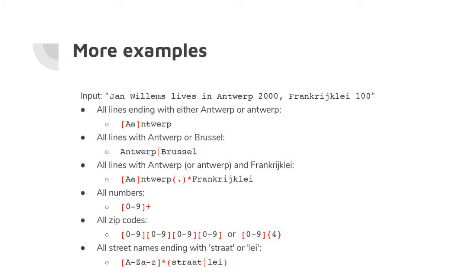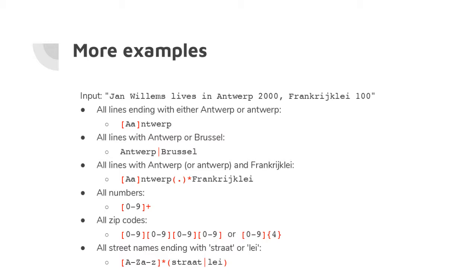You can also search for all lines with either Antwerp or Brussels, and then you write this straight line, and it will match either Antwerp or Brussels. You can also have all lines with Antwerp and Frankrijk, but there can be anything between those. For Antwerp, again, we don't make the distinction if the A is in uppercase or lowercase. So we had this OR clause before that, and then you have dot, and dot matches any character.